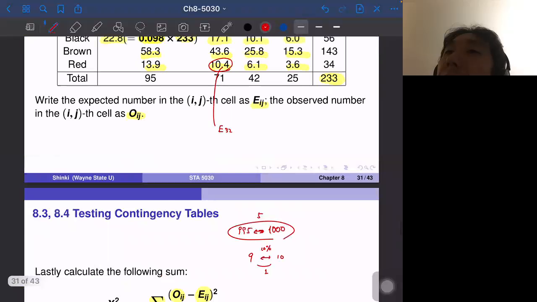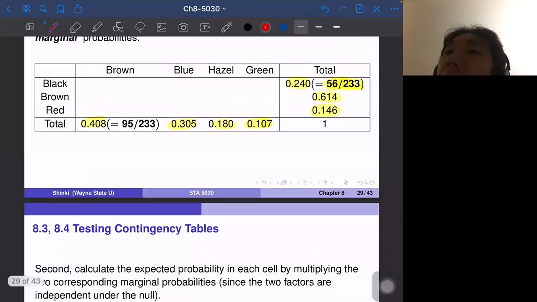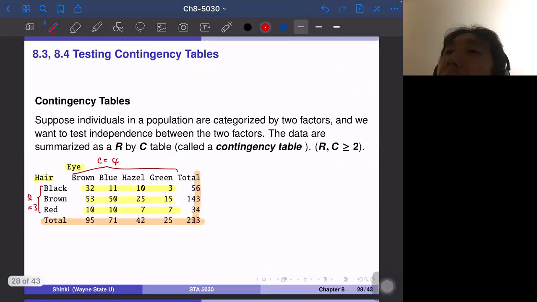Okay, so independence is rejected, and we go back to the table to see what's happening.